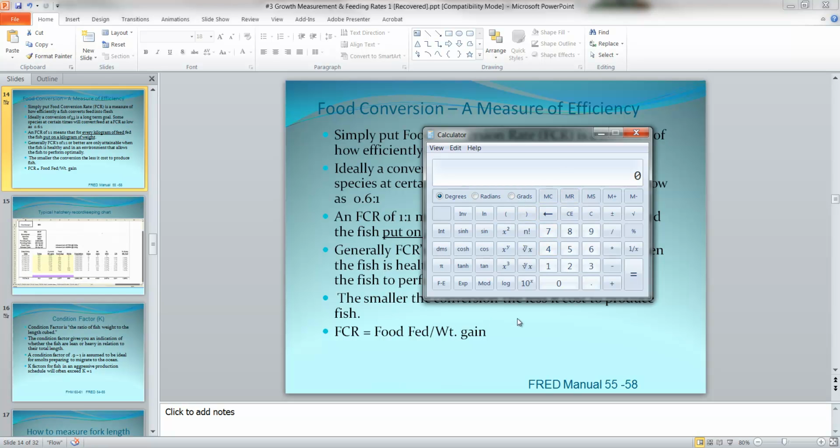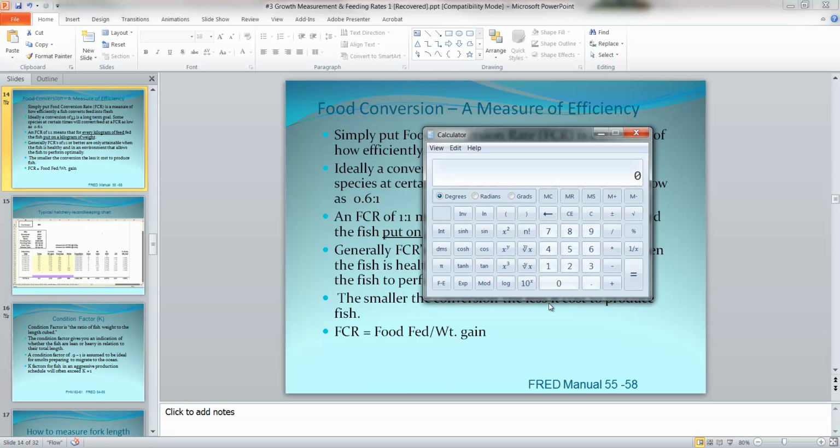First, we have to know the biomass of the pond, so we have to know the old biomass and the newest biomass. We're going to subtract those two, and that's going to be our weight gain for a given period of time.